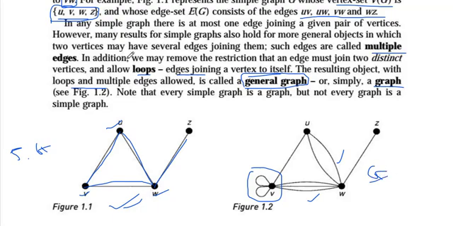You can see that every simple graph is also a graph, but not every graph is a simple graph. This is not called a simple graph, but it is also a graph. Simple graph means no loops and no multiple edges.